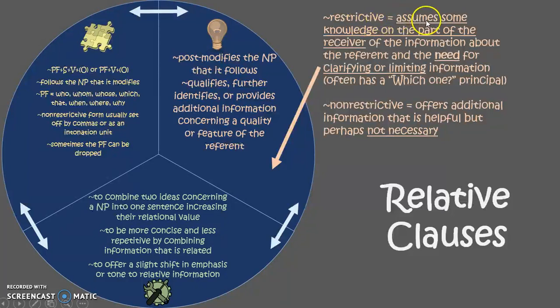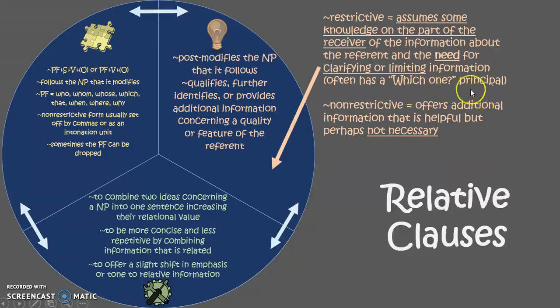With restrictive relative clauses, often there is some knowledge assumed by the communicator on the part of the receiver. I'm assuming that the receiver knows some knowledge, and I feel that they need this knowledge put together in order to clarify or limit which one I'm talking about.